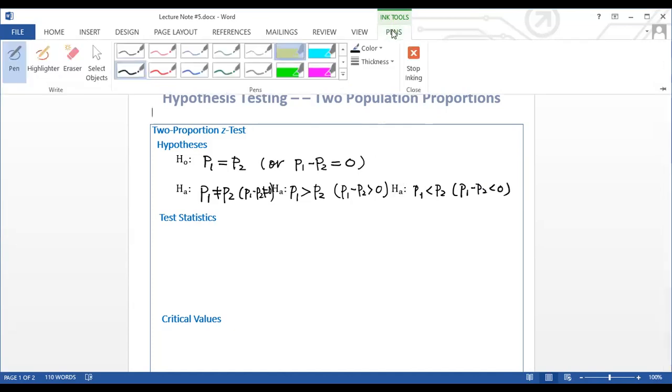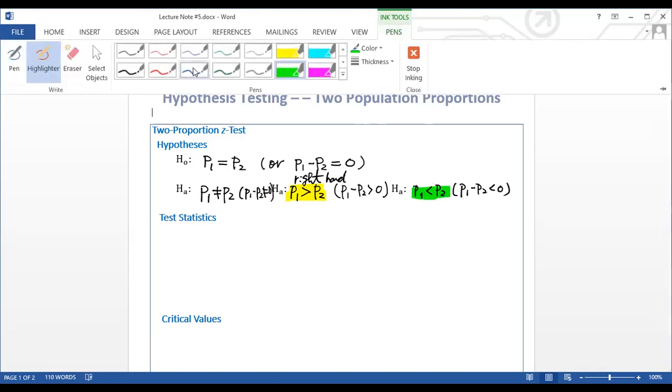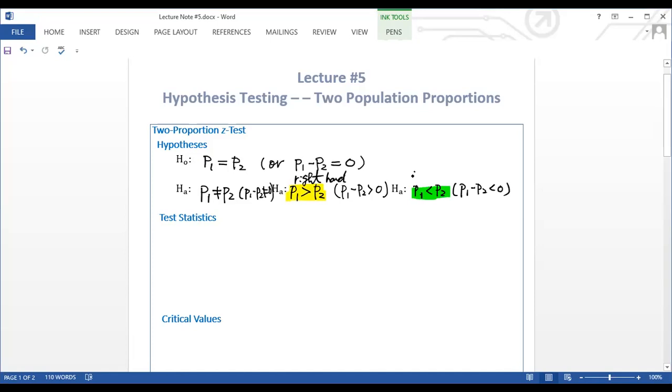So we call the greater than test the right-hand or right-side, one-sided test. And P1 less than P2 is the left-hand side, one-sided test.